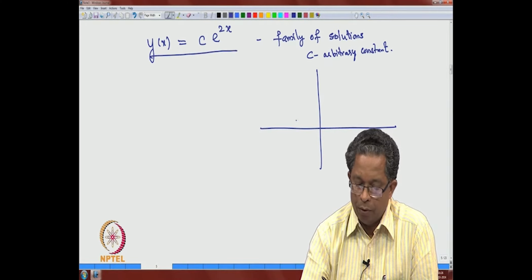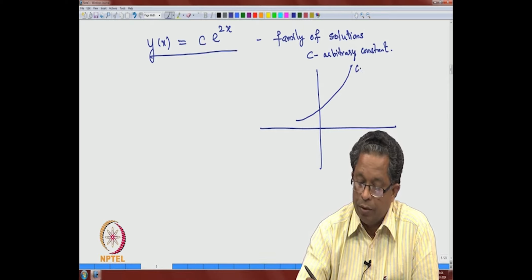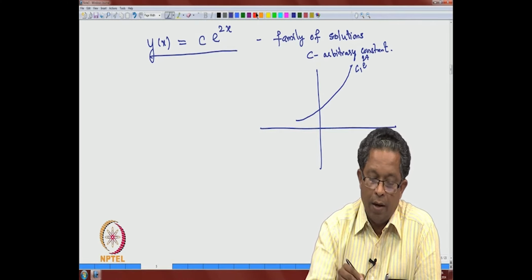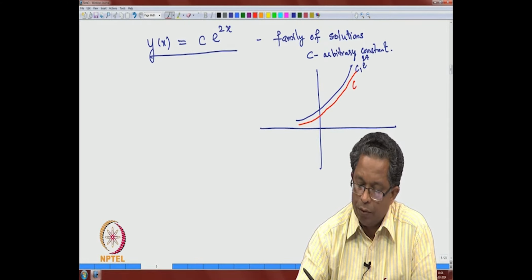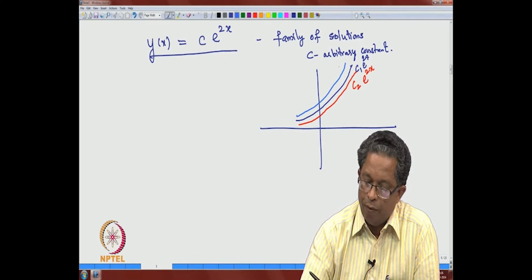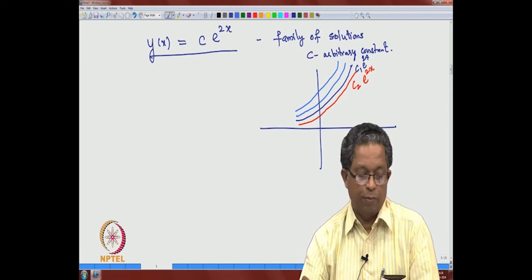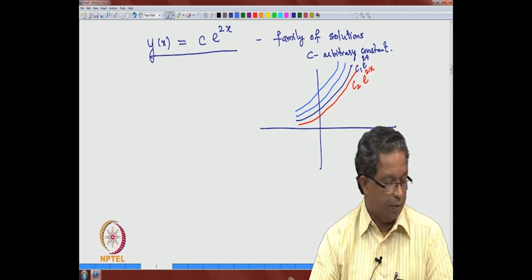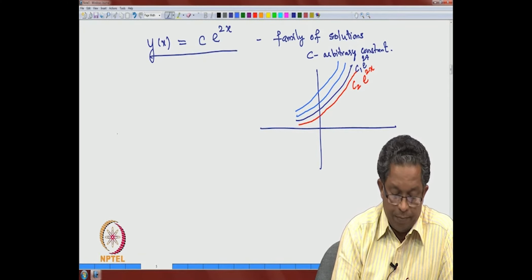If we plot the solution, this is one solution for one value of c, this is c1 e to the power 2x, and this could be another solution for c2 e to the power 2x, and you have a one parameter family of solutions. So, these are all solutions, a family of solutions to the given linear differential equation, and this solution is known as a general solution.